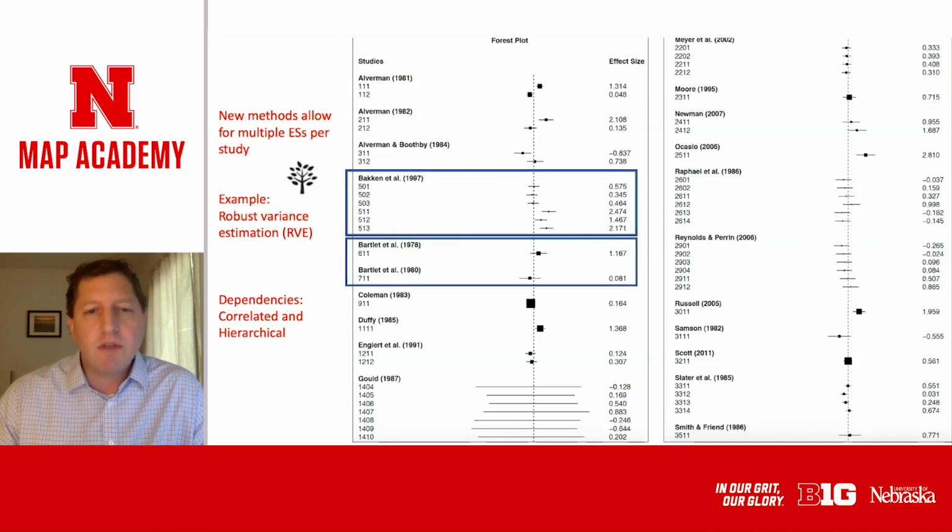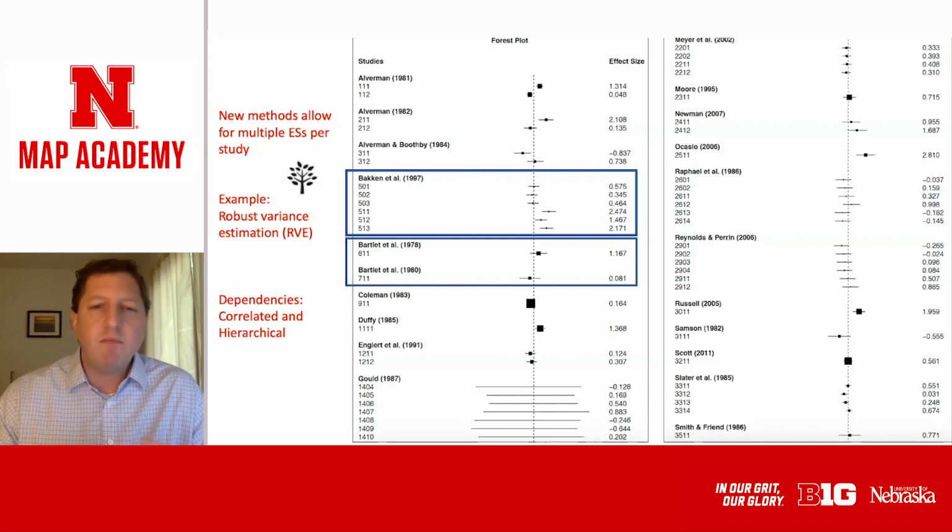On the other hand, we look at Bartlett down here. Bartlett et al., 1978, one effect size, and then 1980, another effect size. There's only one effect size for each of those studies, so it's not problematic from the old method point of view. However, as you can see, it is still the same research team, right?